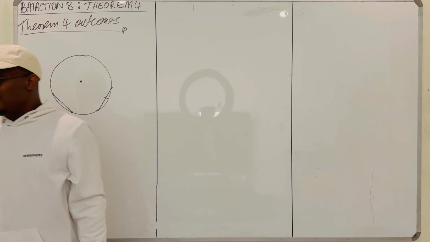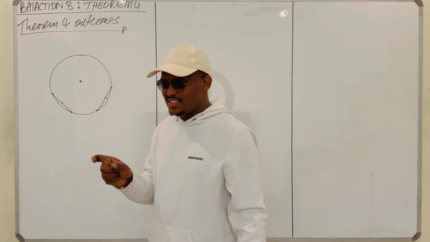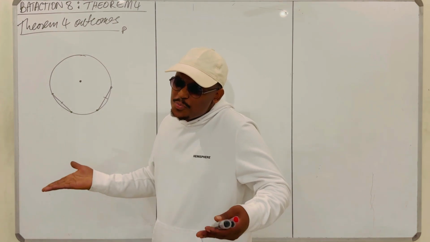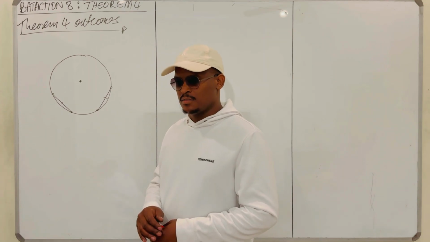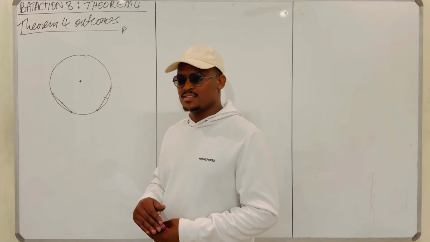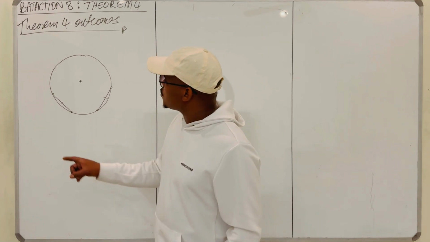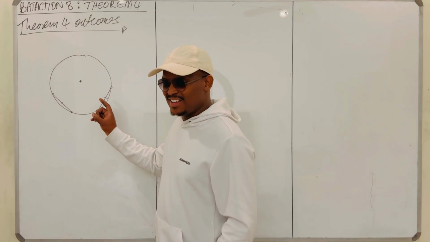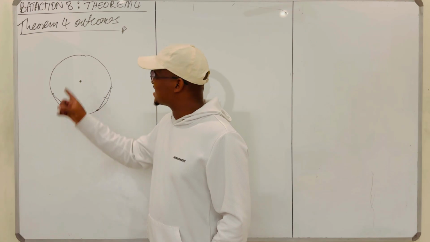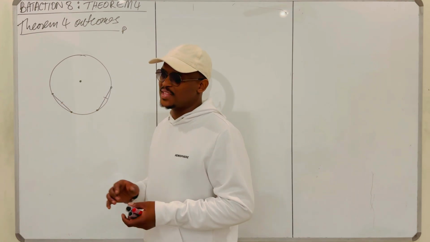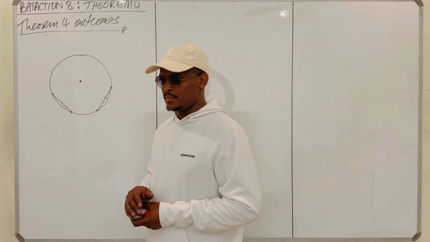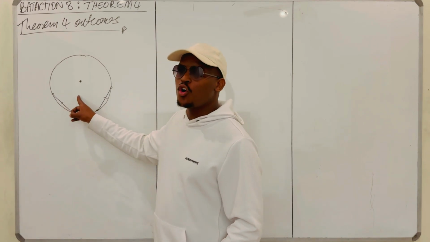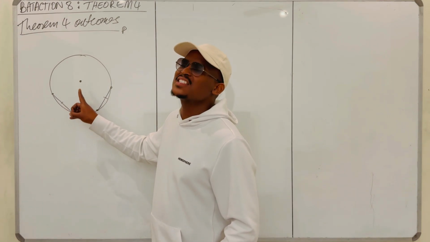So if you have congruent chords subtending angles in congruent segments, they should subtend exactly the same angles or equal angles. So because you have equal chords in the same circle, subtending angles at the circumference maybe, those angles should be the same. Do you understand? Yes. I'm saying equal chords subtend equal angles.